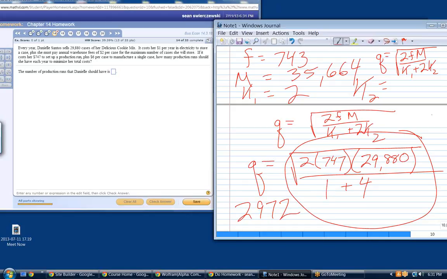So we need this number here. All of this divided by 5. And if that's not the answer, it's divided by 4, in other words, if our 1 and 2 is reversed. $2,988.